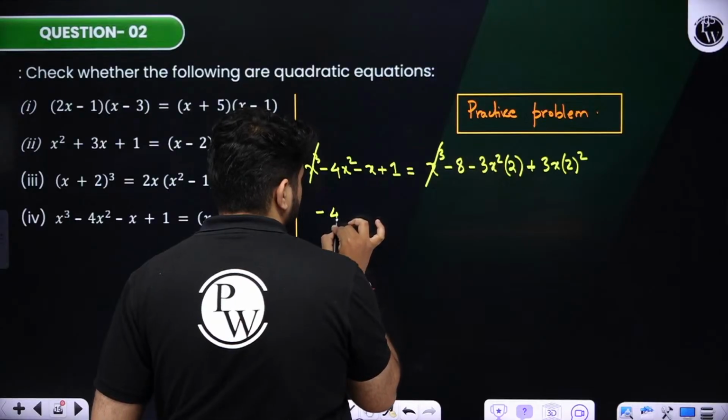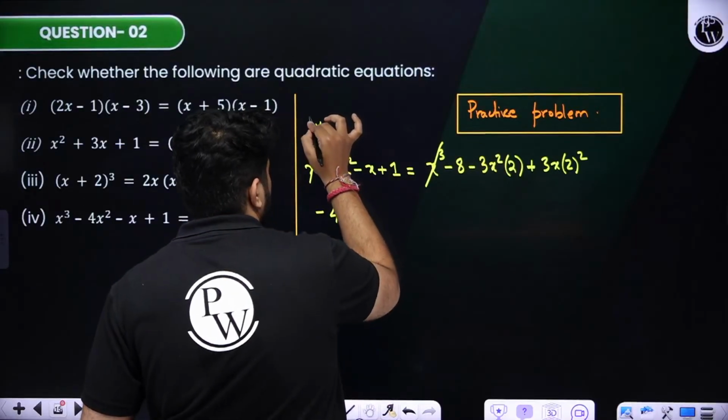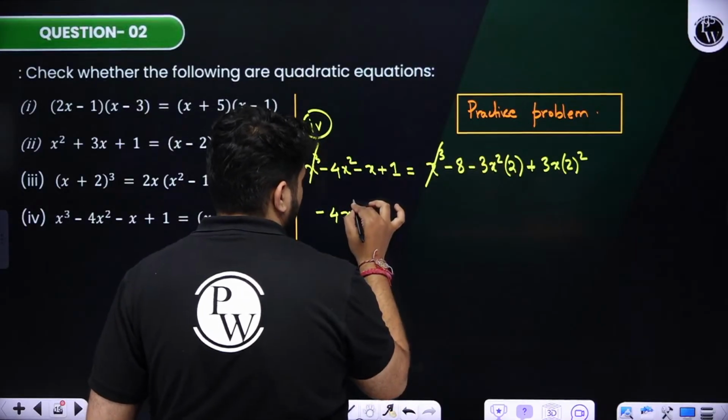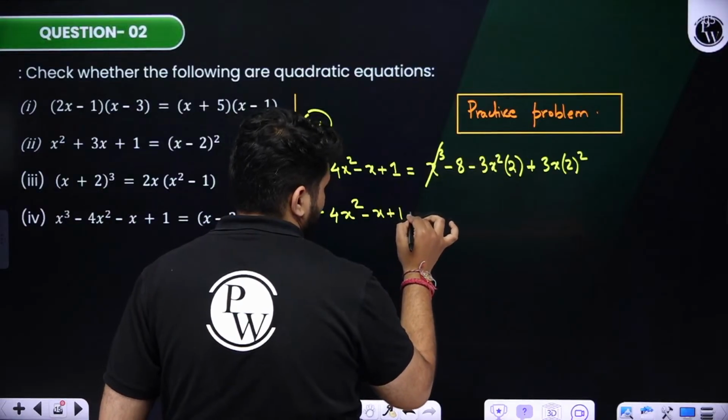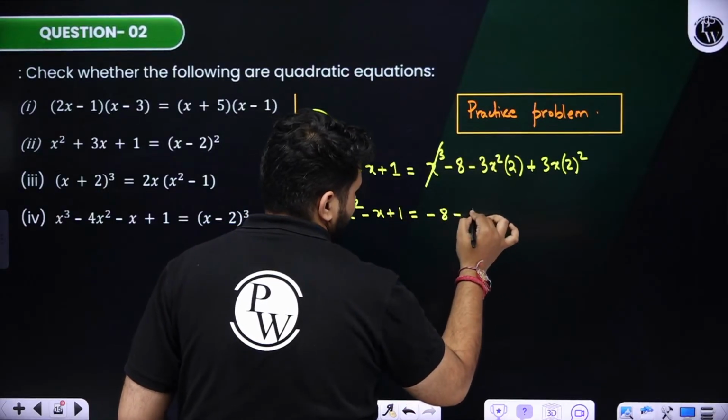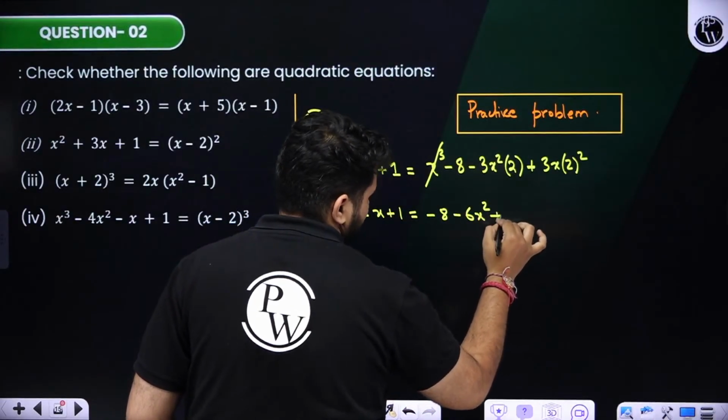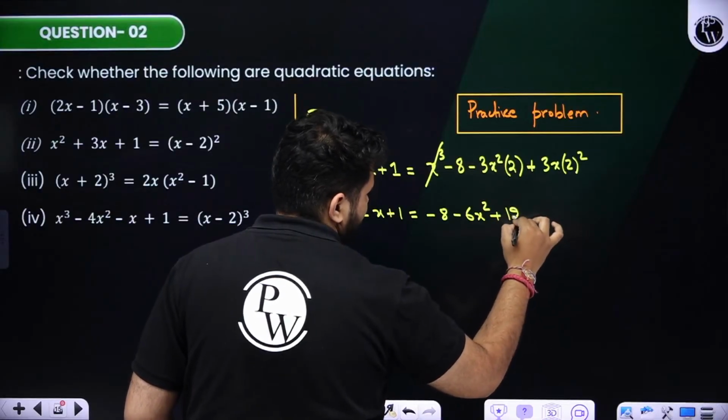Here we have minus 4x square, fourth one I am solving. Minus 4x square minus x plus 1, and this will be minus 8 minus 3 2 is 6x square plus 2 square is 4, 4 3 is 12x over here.